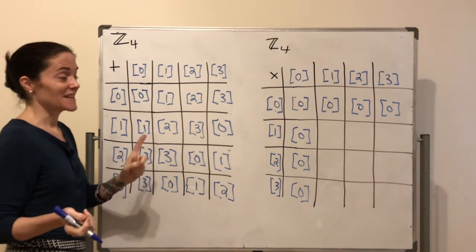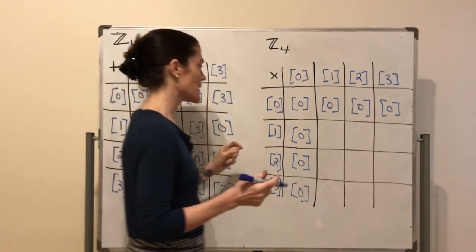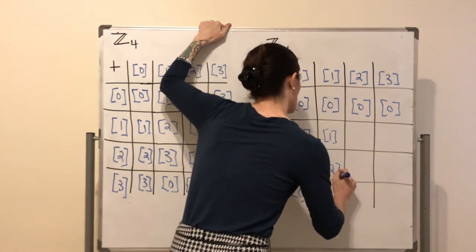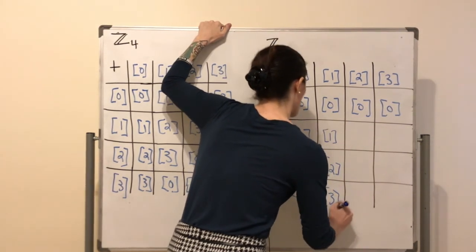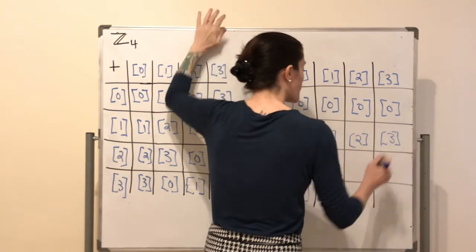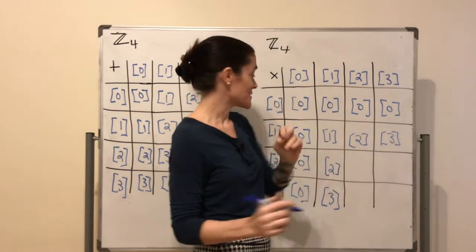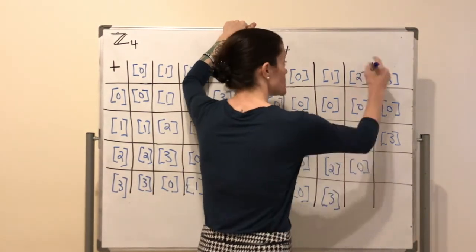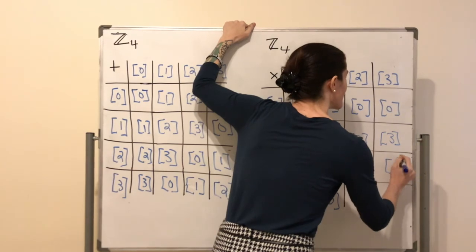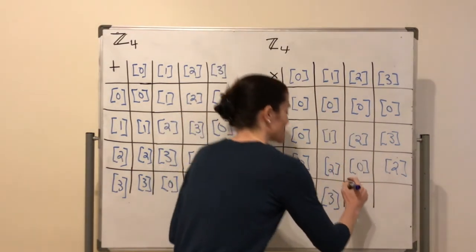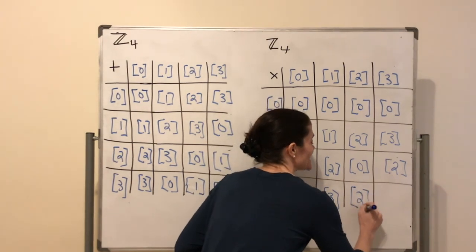And then we will finish the multiplication table here. Well, 1 times any integer is the integer, and so we get the following. Okay, these 4 are the ones that get interesting. 2 times 2 is 4, which is 0. 2 times 3 is 6, which is 2, mod 4.